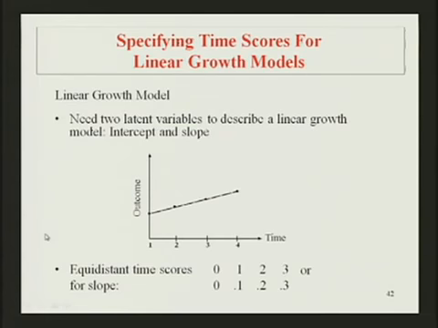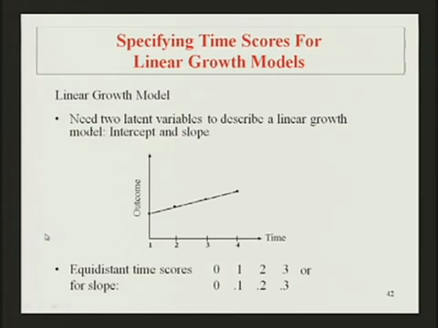And therefore, we're going to choose equidistant time scores. 0, 1, 2, 3 is one possibility. 1, 2, 3, 4 would be another possibility, but that, as we're going to learn shortly, is a less useful representation of the equidistance. 0 is good to have a 0 somewhere. 0, 1, 2, 3 is a useful starting point for what we want to learn. You could just as well have 0, 0.1, 0.2, 0.3. They're still equidistant. I'm talking about specifying the x's here.